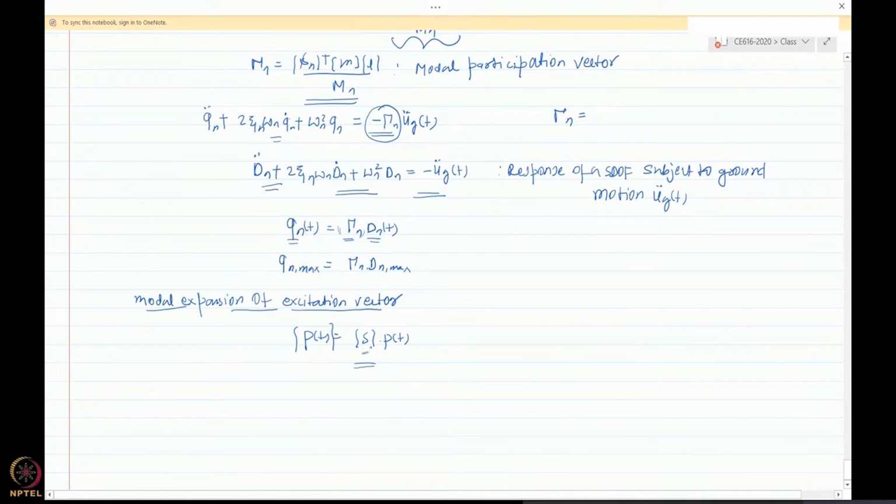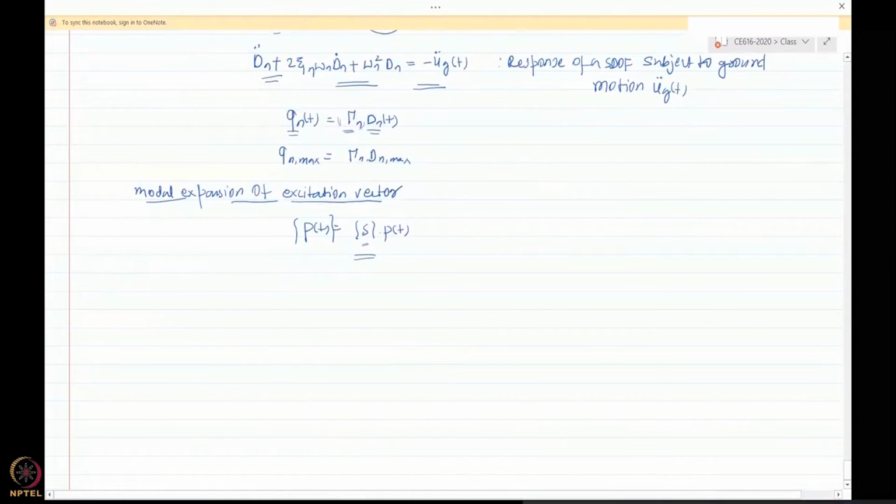And we said that the modal expansion of vector S represented how much is the inertial force in each mode due to applied excitation. Okay, so we said that we can write down the expansion of this as, let us say, n number of vectors.